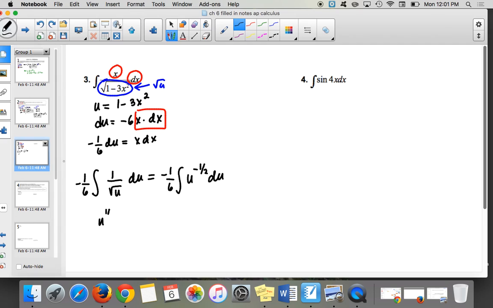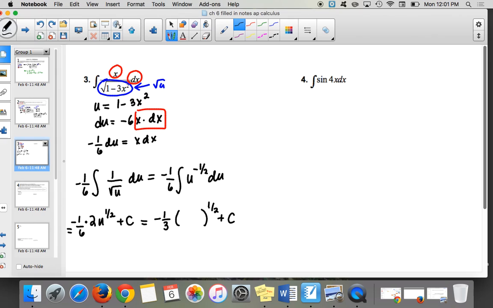It's going to be u to the positive 1/2 with a 2 out front, and then times that negative 1/6 from before, plus c. So we get negative 1/3, our u value raised to the 1/2 plus c.